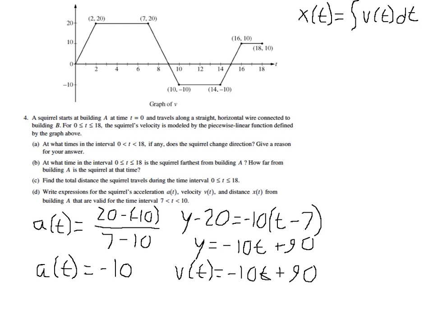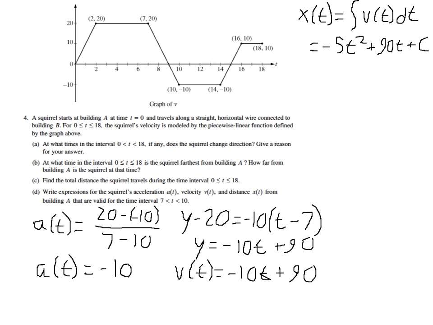The integral here, we just need to use the power rule for integration or anti-differentiation, and we get, again, this is going to be the integral of this v equation that we just found, so that's going to be negative 5t squared plus 90t, and then because it's an indefinite integral, we don't have limits on our integration, I've got to remember my plus c.